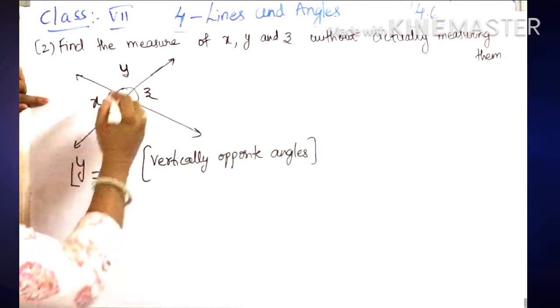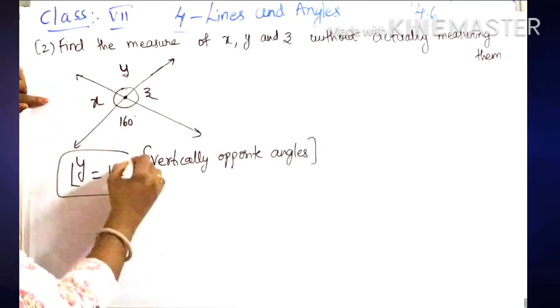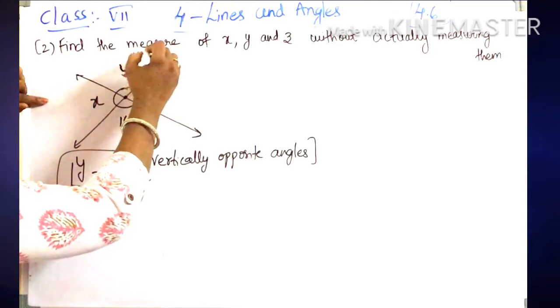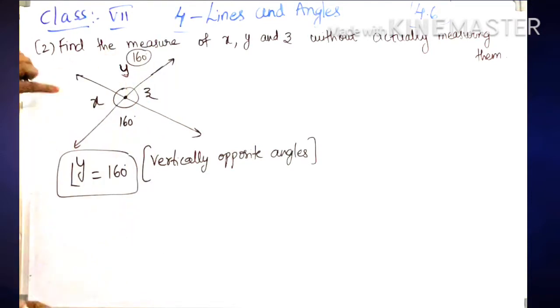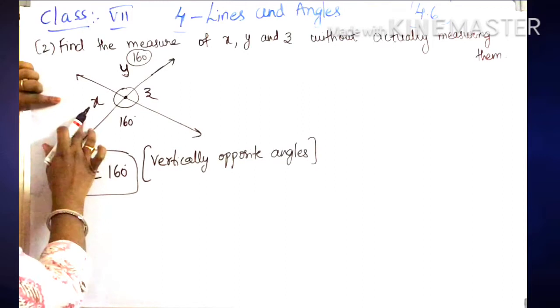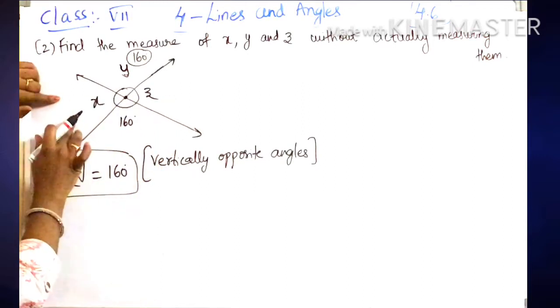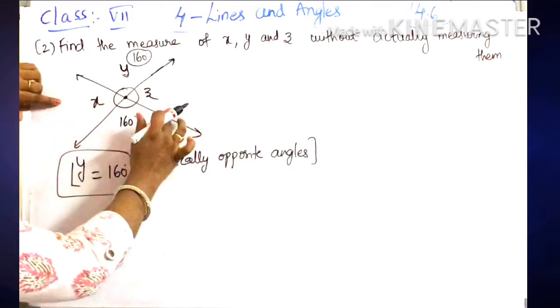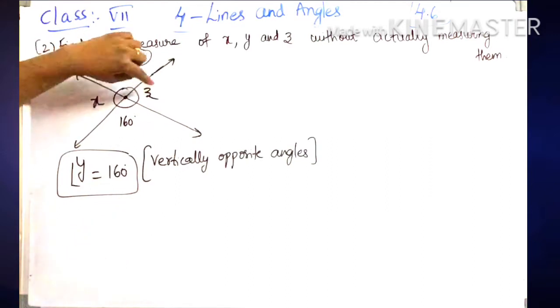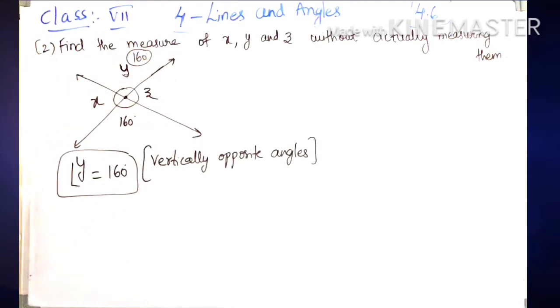So here we got angle y as 160. Now we should find x and z. If you get the x value, we can write z also the same. If you get the z value, then x is also the same.